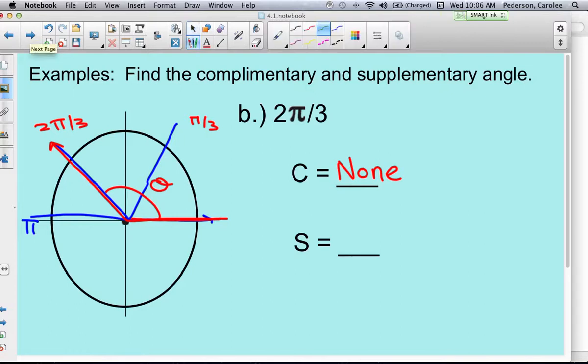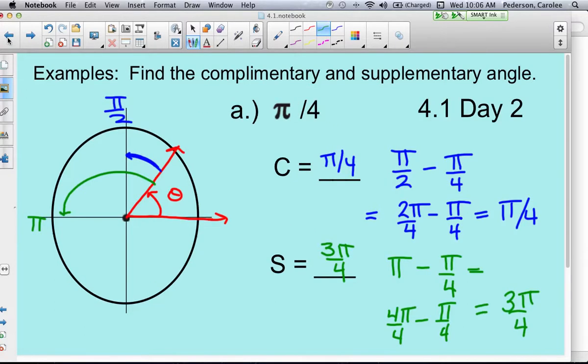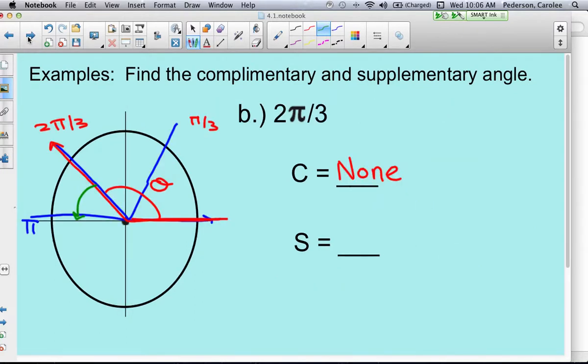So this distance from here to here is pi over 3. You could use that same process like this example, where you could do your subtracting if you want to. Or just look at what am I left with to get over to this pi. So my supplement would be pi over 3.